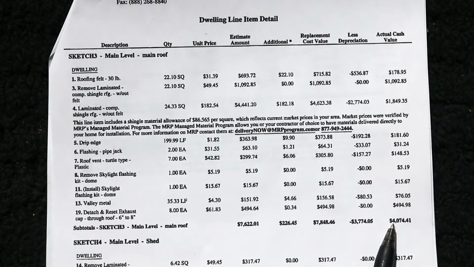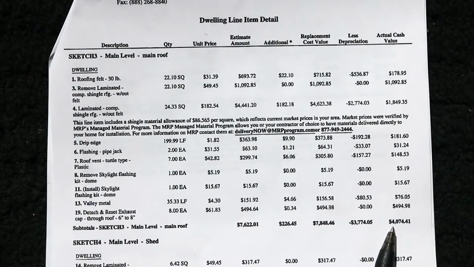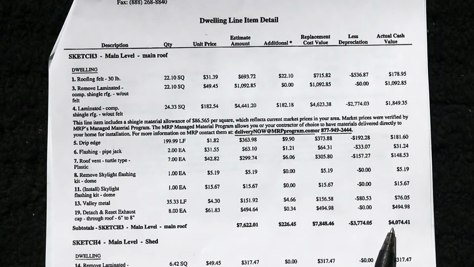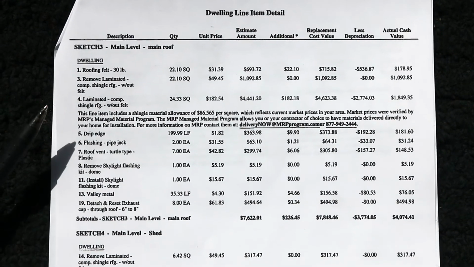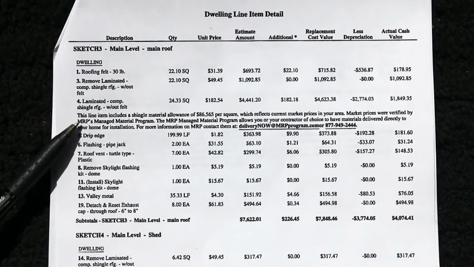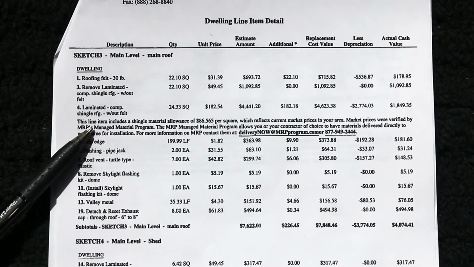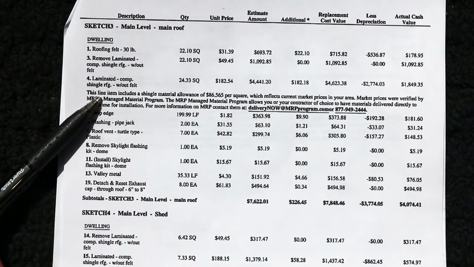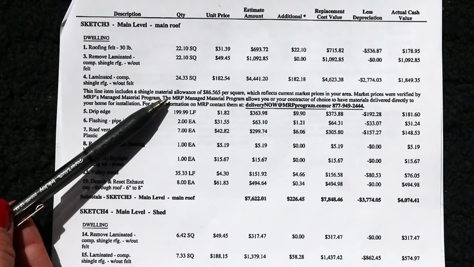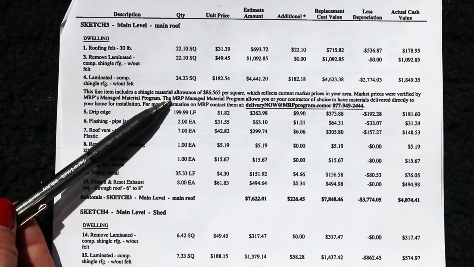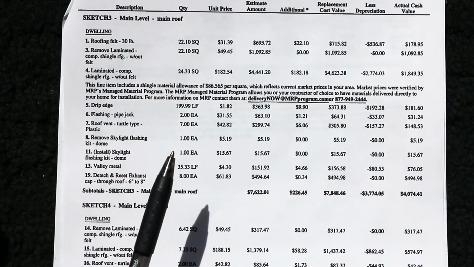This final column is the actual cash value, and this is the amount basically that the insurance gives you to get the project started. One thing to note on Liberty Mutual and Safeco is they use a MRP price override on their materials. This is something that has to be addressed with them as it's not available in the Colorado Springs area.